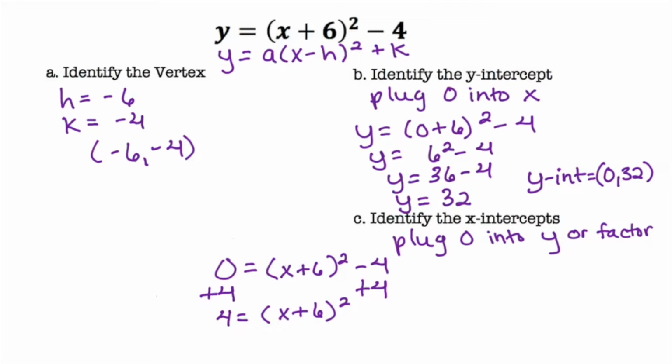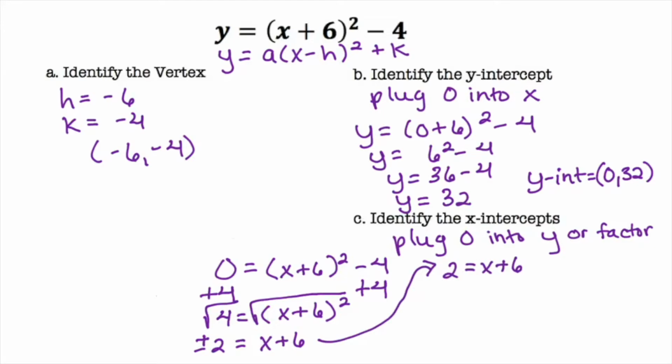Then in order to get rid of that square, you do the opposite of squaring something, which is taking the square root of it. If you take the square root of both sides, remember, we get a plus and a minus answer for the 4. So that means we'll have plus or minus 2, and you have to solve both equations. You solve positive 2 equals x plus 6, and then negative 2 equals x plus 6.